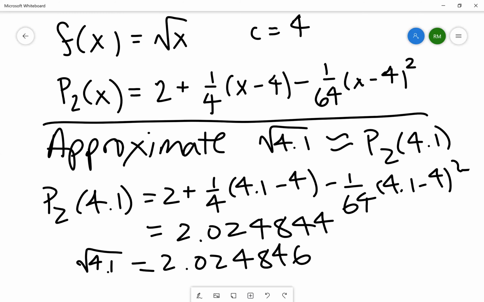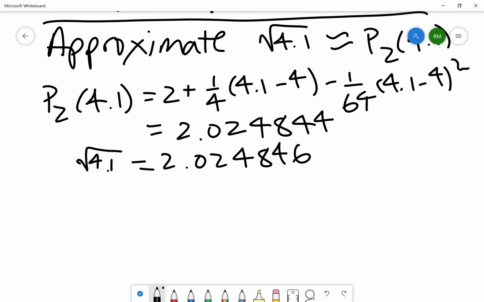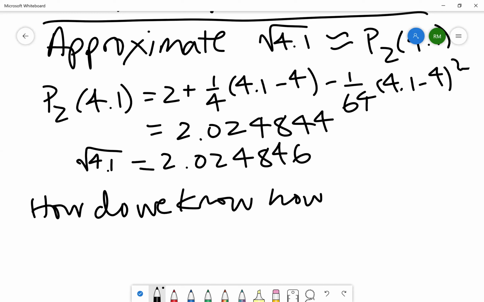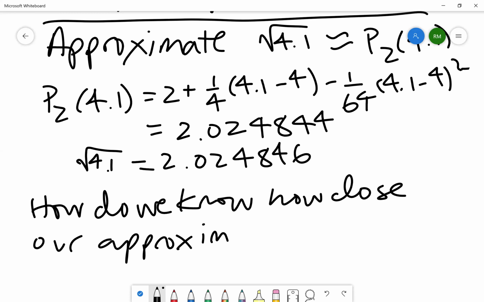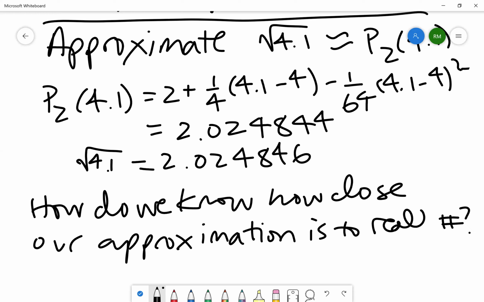So that's wonderful, but how do we know how close we are? So for example, you used your approximation to compute this number right here.